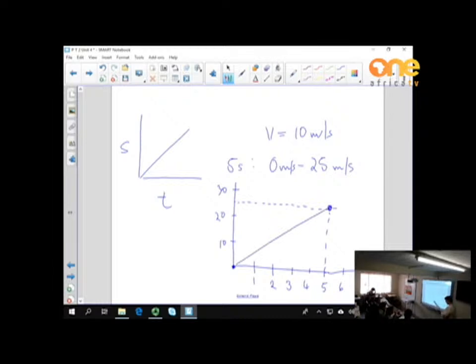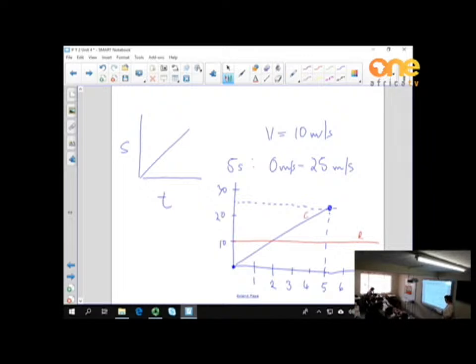That's the first 5 seconds. Okay, the motion of the runner, I say he runs at 10 meters per second from the start of the race. So the runner goes there. Are you with me? All right. Now they say, well, okay, use a pen of different color for the second graph. Are you with me? This was the runner, and that was the car.